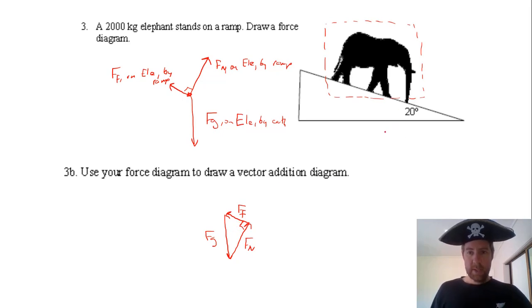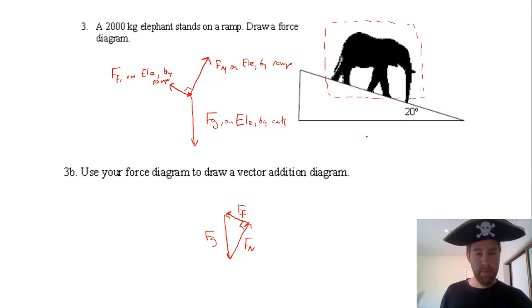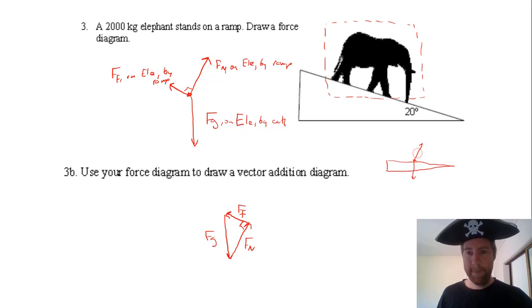And my 20 degrees. If you watched the quiz video, I think it was, I can't remember if it's today's quiz video or tomorrow's quiz video, I talk about how to identify where this is. One way you can do it is to make another triangle at a really, really shallow angle and draw the force diagram for that, and make that into a vector addition diagram with a really shallow angle.